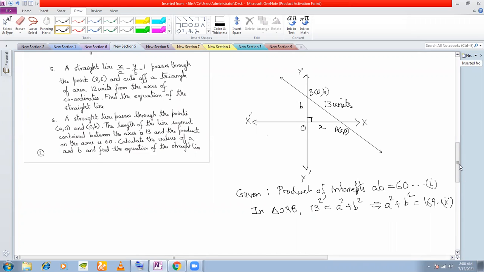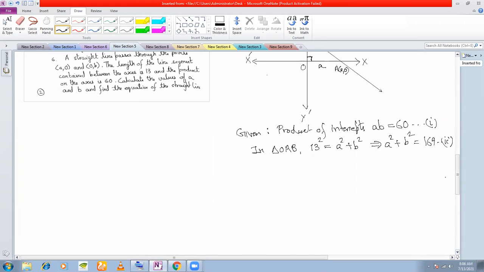Okay. Now we are going to solve equations 1 and 2 to get the values of a and b. So how do you solve? From 1, you can find the value of b is equal to 60 by a, and putting in 2, we get a square plus (60 by a) square is equal to 169.